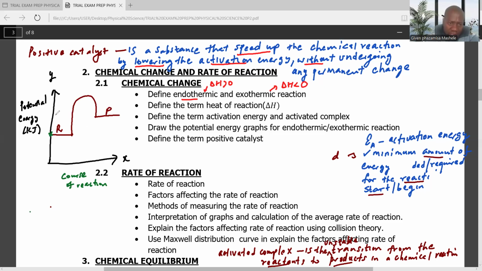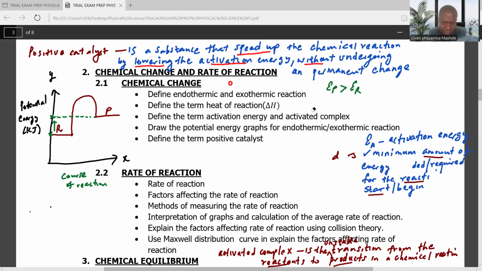Then along here, somewhere here, this is the energy of the products. You can easily see that the energy of the products is now bigger than the energy of the reactants. So this means it is an endothermic reaction.